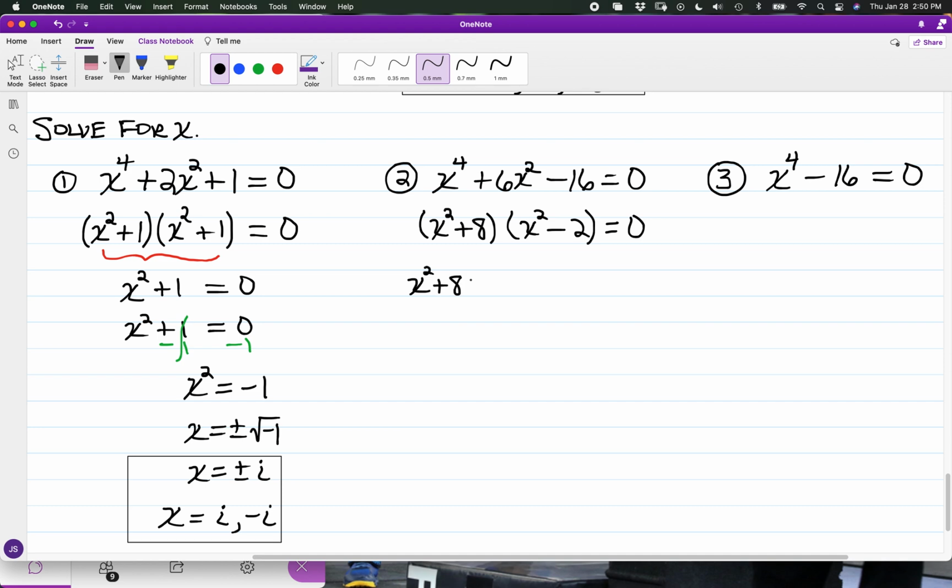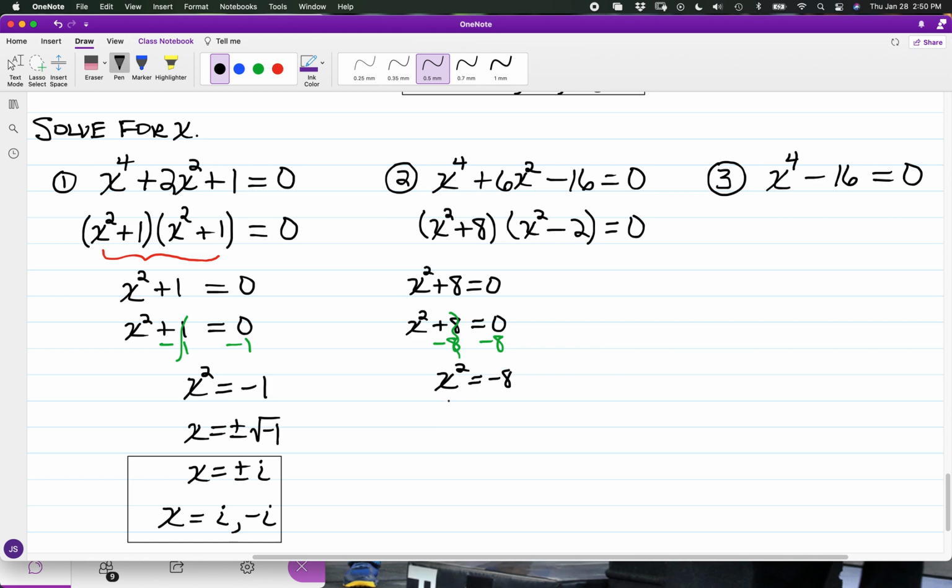Okay, and if I set each of these factors to 0, so if I set x squared plus 8 equal to 0, and I isolate the x squared upon subtracting 8 from both sides, I'm going to have x squared is equal to negative 8.